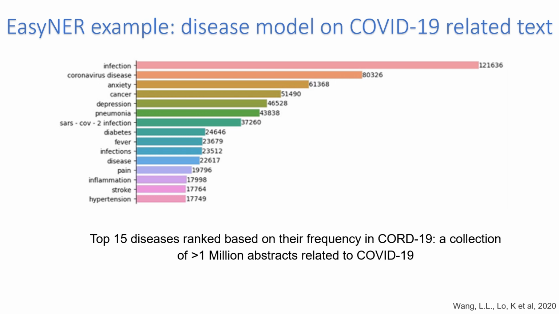And here, as you see, infection is actually the top most occurring entity that we found from these over 1 million abstracts. We also have anxiety, cancer, and we also note that diabetes is present within the top 15. But also symptoms of COVID, for example, fever, pain, inflammation, hypertension, and such.